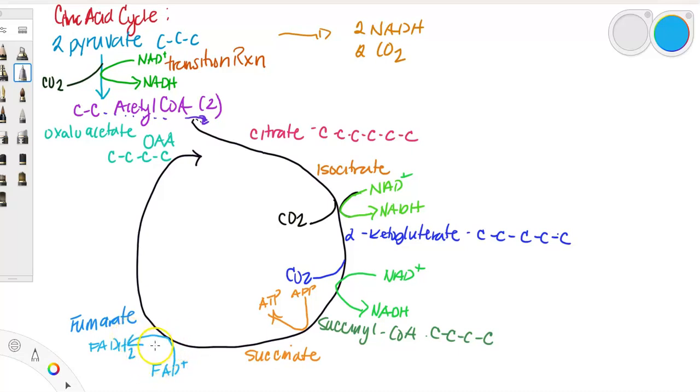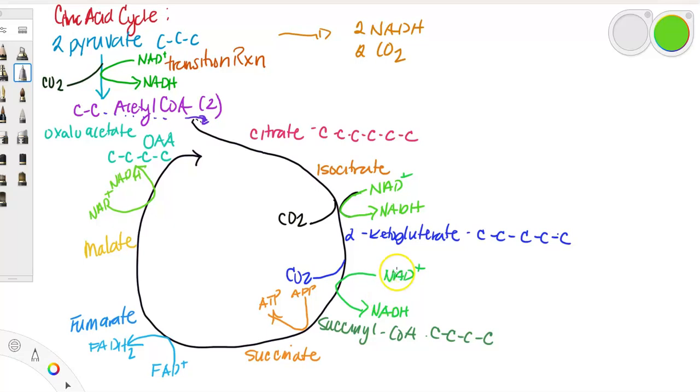Okay, so now we have fumarate, and then that converts to malate. All right, and then from malate, we go back to oxaloacetate. And when that happens, we end up getting another NADH.